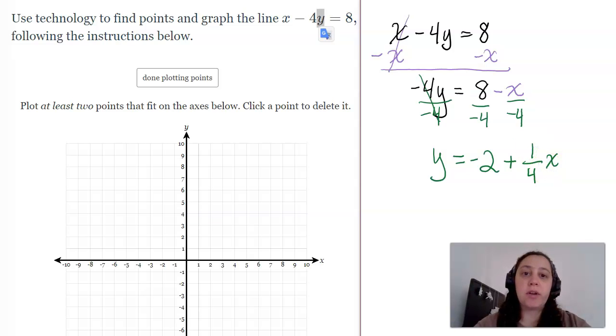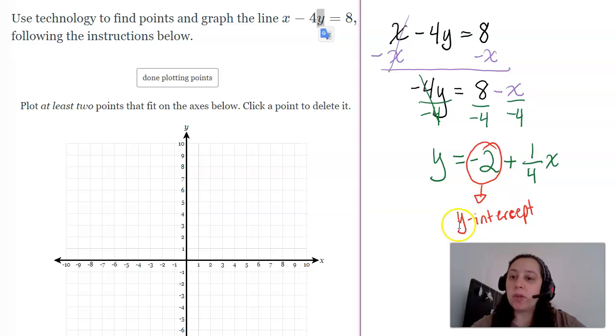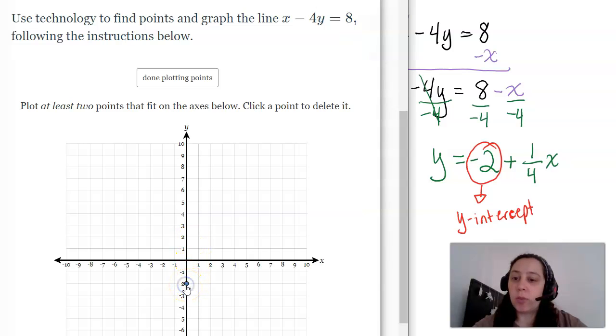Now we have this in our y equals mx plus b form. Remember, the number without a variable, that's our y-intercept. It tells us where we begin on our y-axis. So if I'm looking at my y-axis here, here's my y-axis. I'm going to go to negative 2 and put a point.